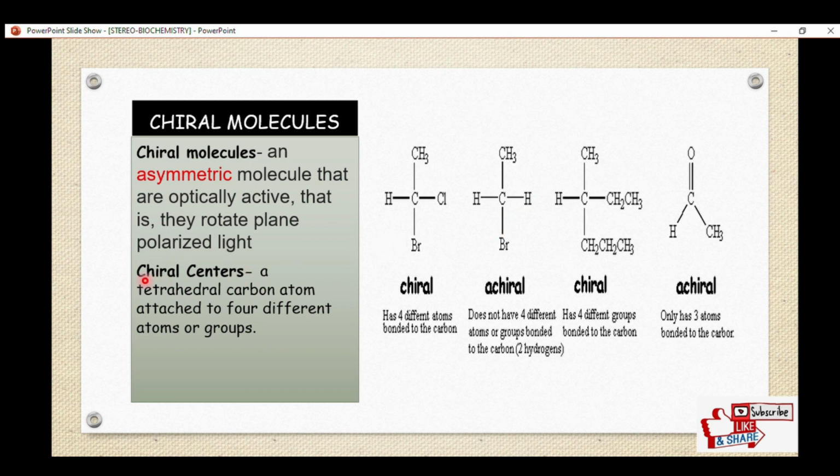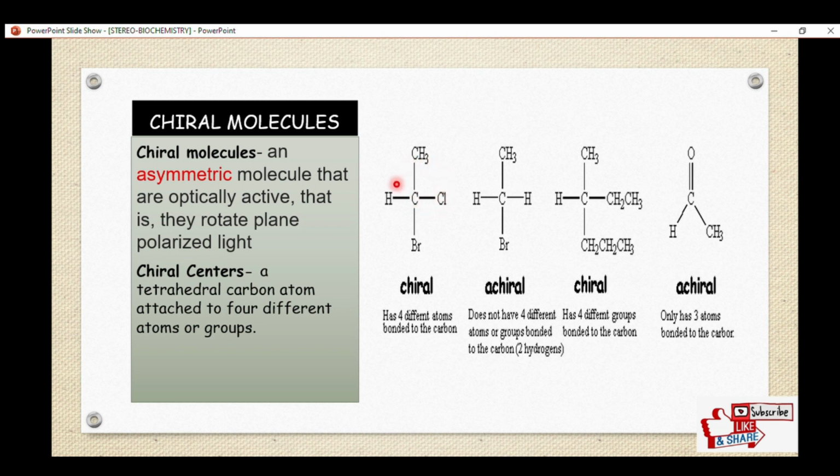Okay, so let's talk about chiral centers. When we say a chiral center, it means a tetrahedral carbon atom attached to four different groups of atoms. So a chiral center is a carbon atom. Let's take this compound, for instance. We have a carbon atom here, and this carbon atom is tetrahedral. Why is it tetrahedral?